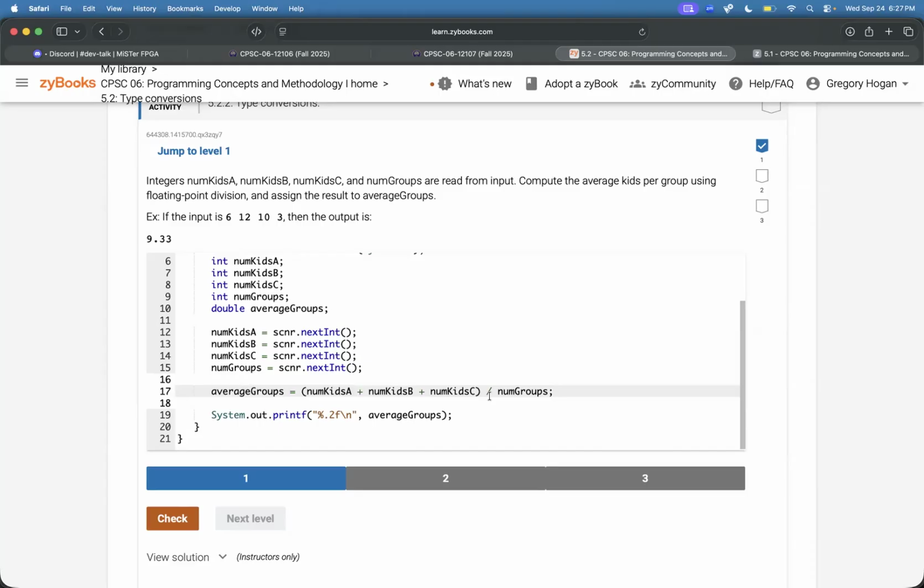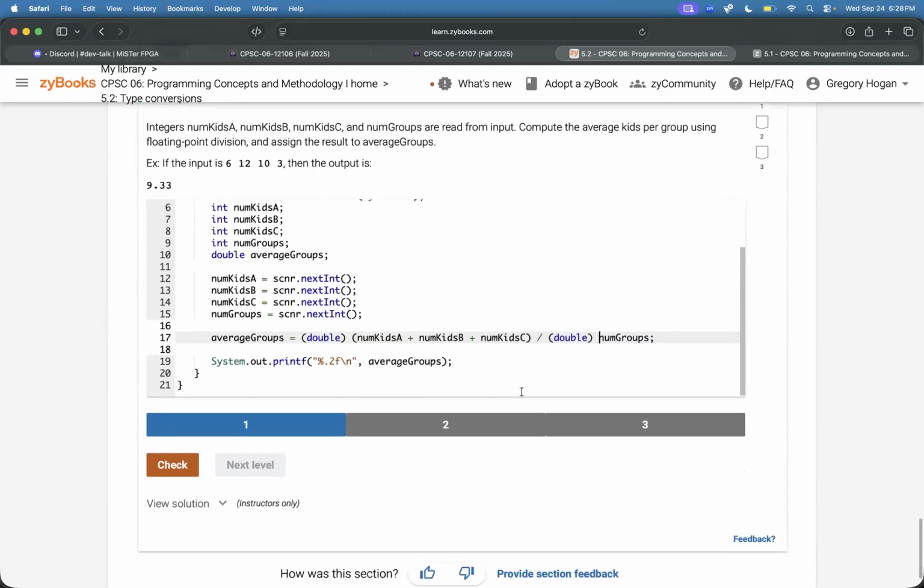So in order to fix it, they want us to typecast. We need to realize that since our variables are all integers, but our answer is going to be expected to be a double, have fractions involved, decimals, we need to typecast, right? This is not really optional. We'll get the wrong answer if we don't typecast to a double. And you can typecast just in the numerator or numerator and denominator, and that'll be fine.